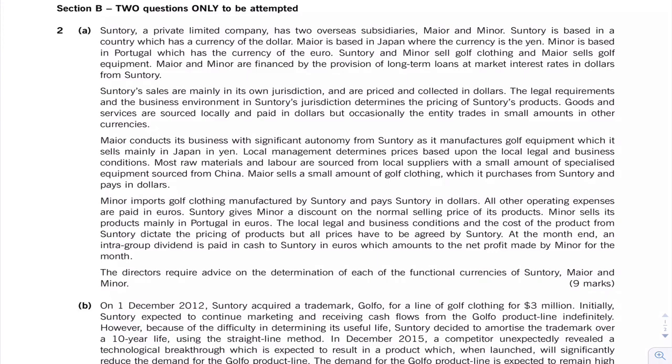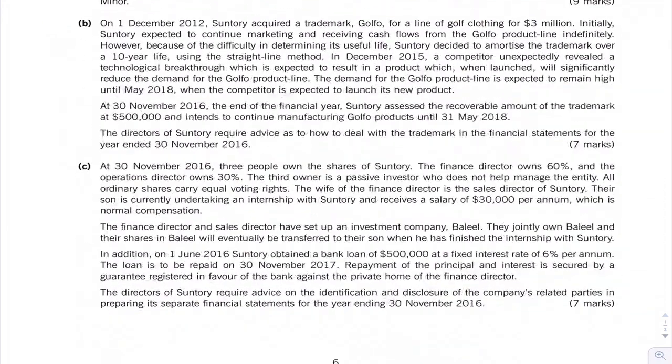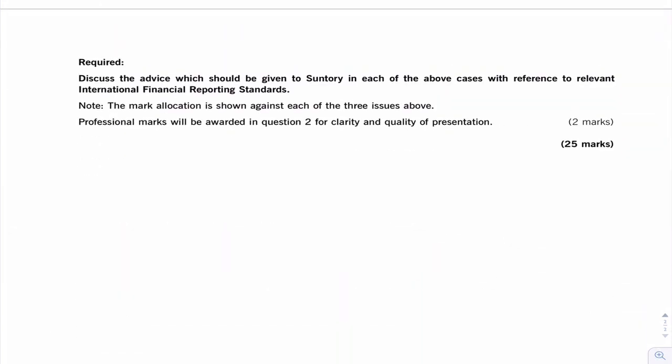Okay, so question 2 and 3. Remember the technique of how we answer questions 2 and 3. What we do is, because the question is discuss, that means state your knowledge, be specific about every line.